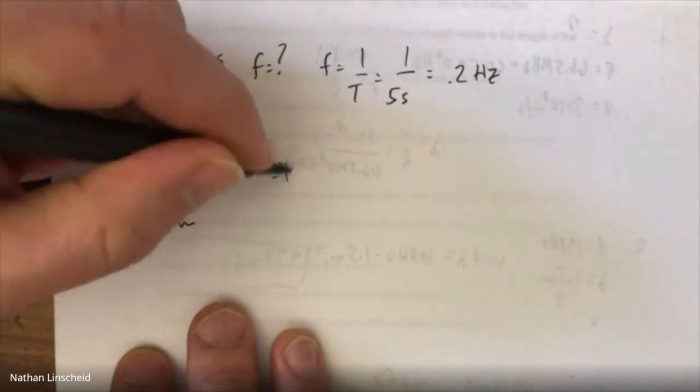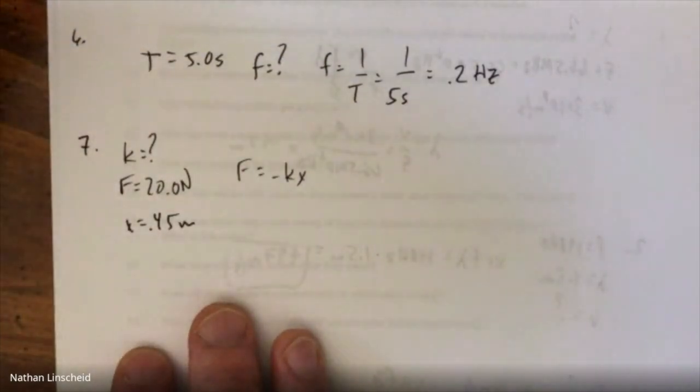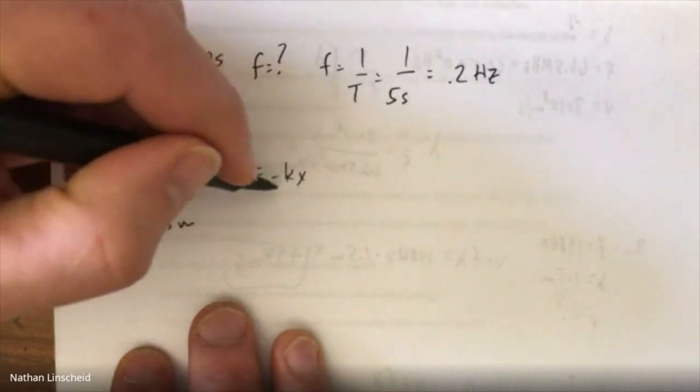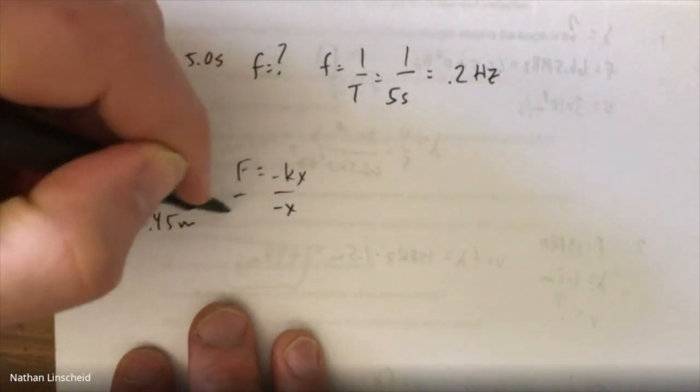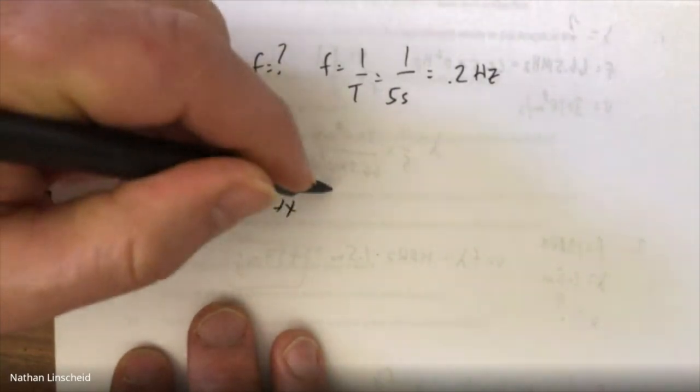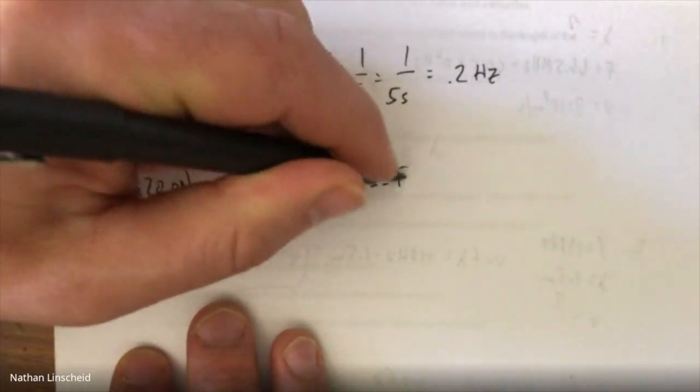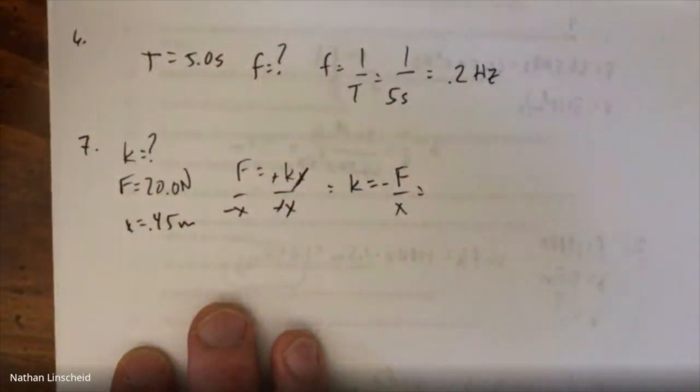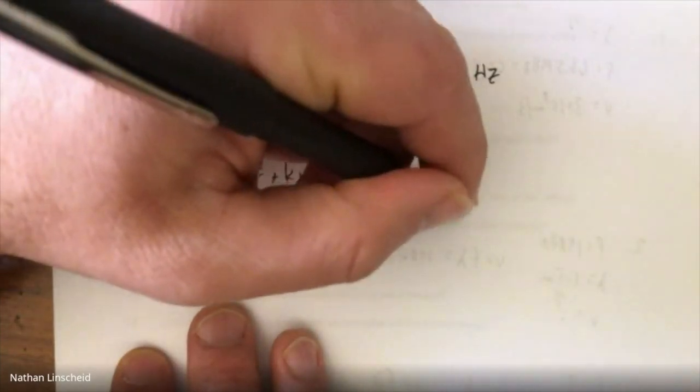All right, and Hooke's law says F equals negative kx. So then solve for k, divide both sides by negative x, and we get k equals negative F over x. And then I can just plug my numbers in here. 20 newtons divided by 0.45 meters.